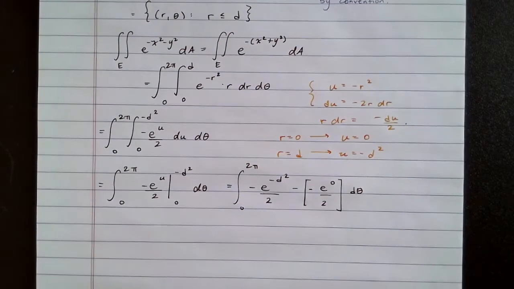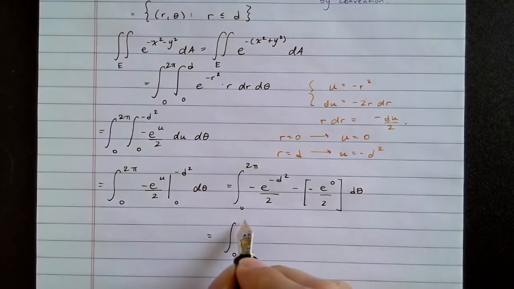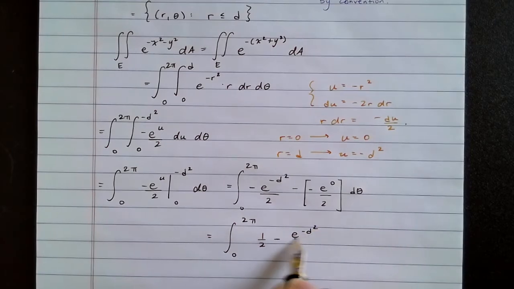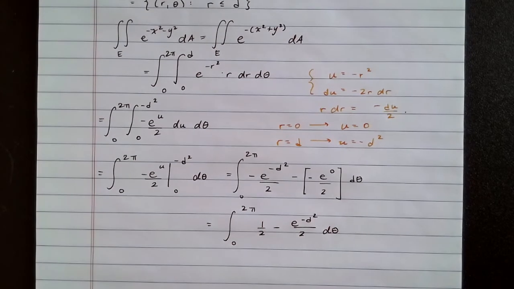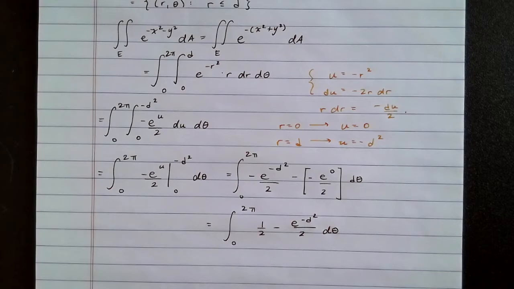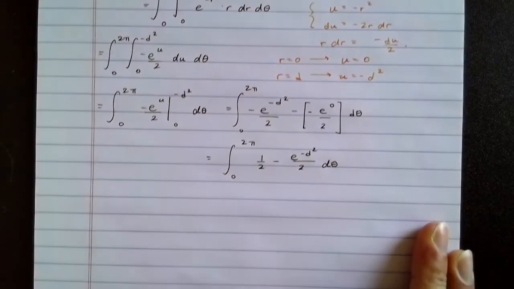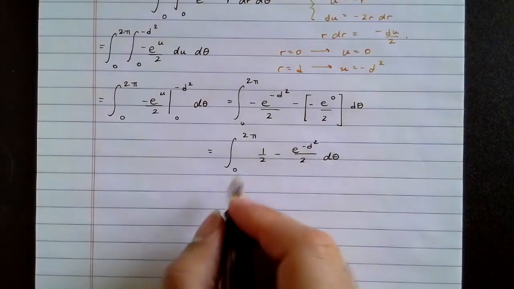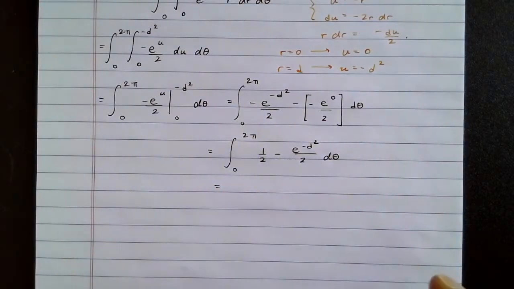And this is just a positive half, right? All right, so there are no thetas. So when I integrate, I just get a theta term, and I see that I just get a multiplicative constant of 2 pi.